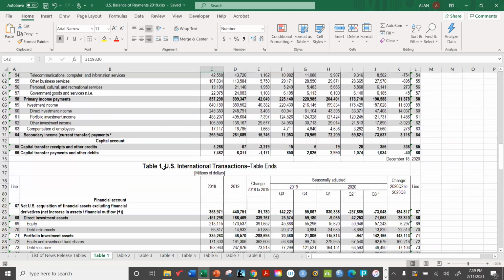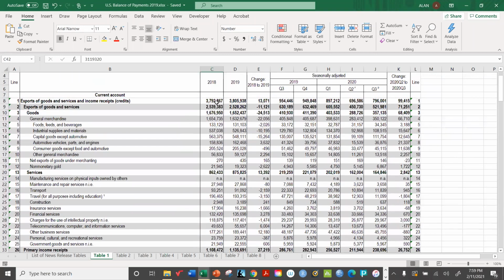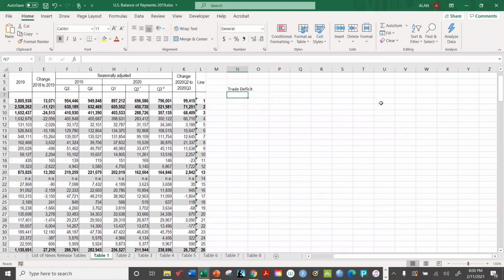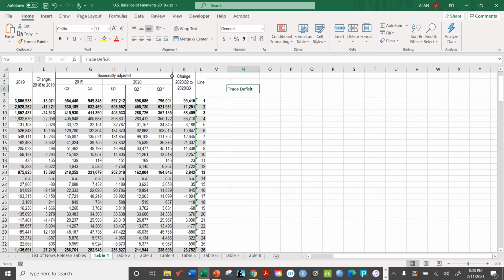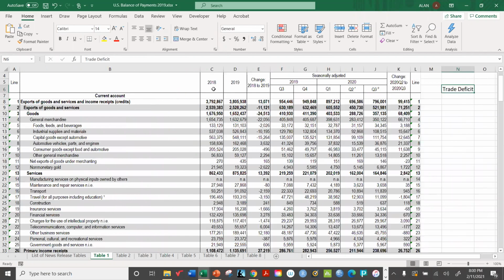So guess what? If I take that number and subtract it from this number, let me put this over here somewhere. Trade deficit. Let me make that a little bigger so you can see it. How much is that? This first column, by the way, is 2018. That's okay, we can use that one.